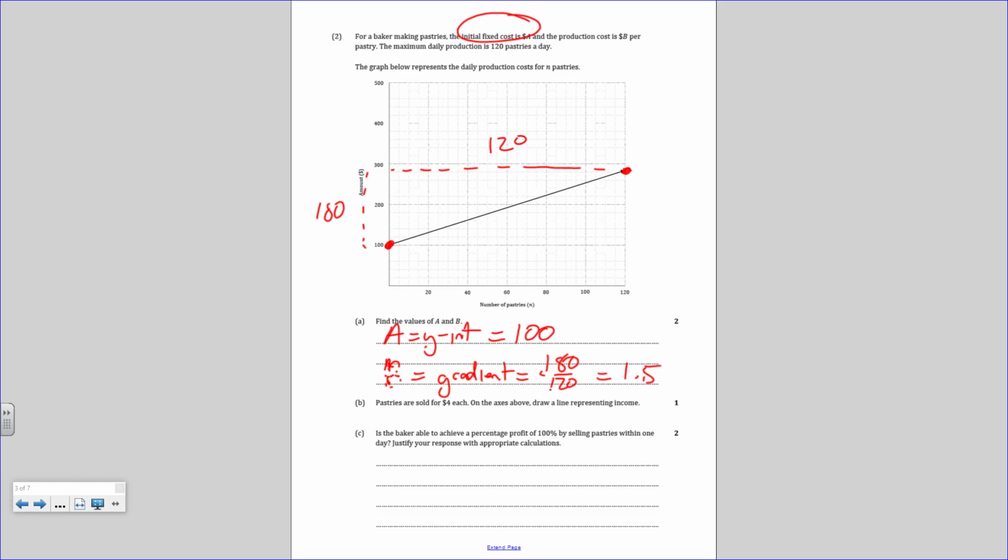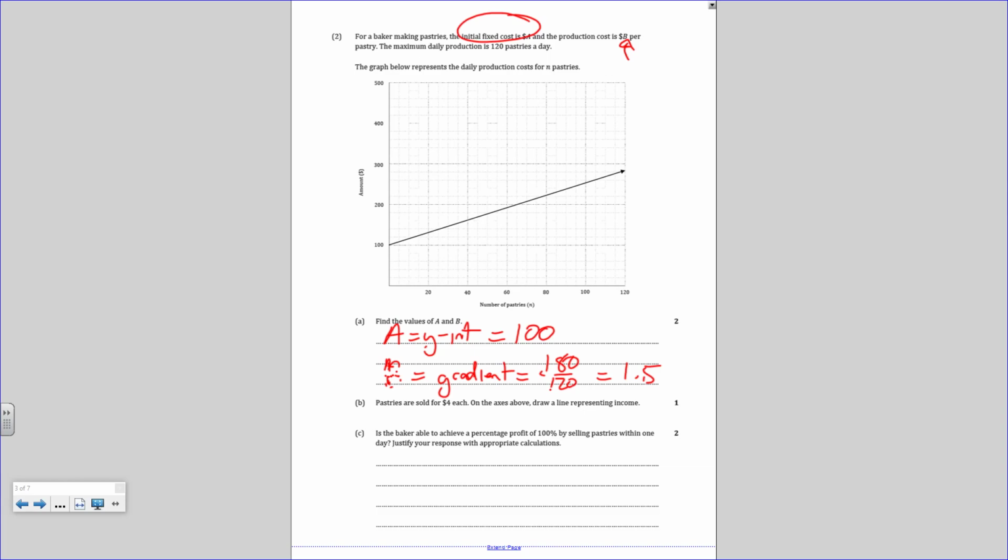What that means in context of the question is, it's $B, so it costs $1.50 per pastry made. So to make the pastries, there's an initial cost of $100, and then for every pastry that's made, it costs an extra $1.50. Alright, so we've done that. So 1 mark for finding A, 1 mark for finding B.